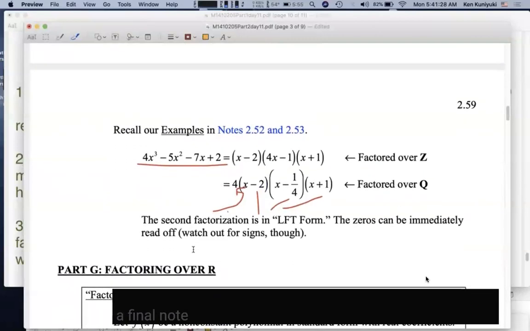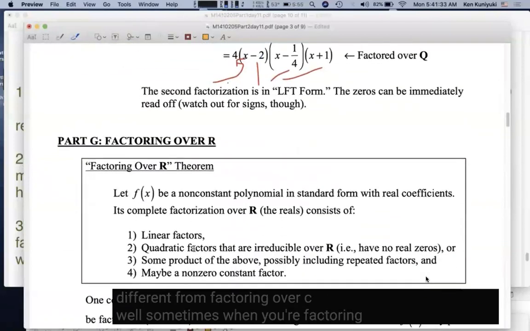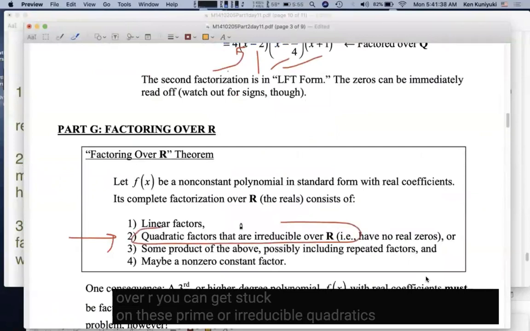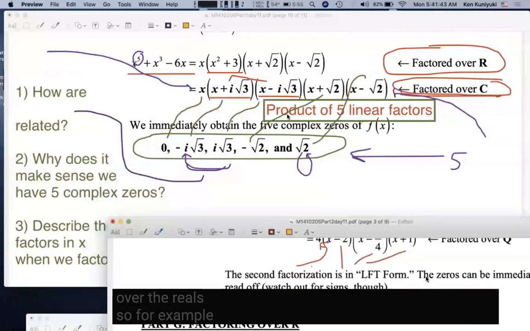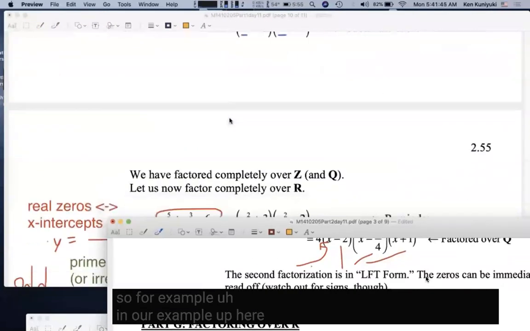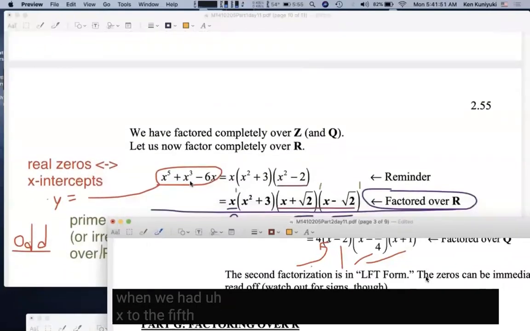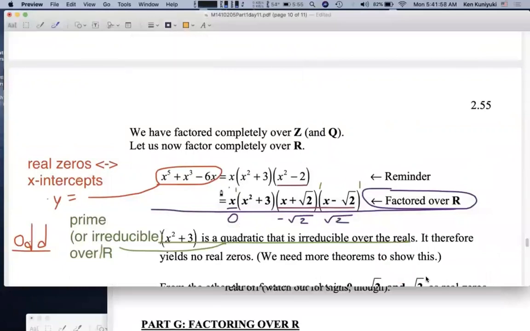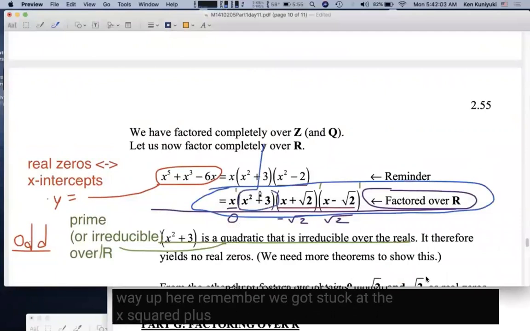A final note, how is factoring over R different from factoring over C? Well, sometimes when you're factoring over R, you can get stuck on these prime or irreducible quadratics over the reals. So, for example, in our example up here, when we had x to the 5th plus x cubed minus 6x, when we factored over R, the reals, way up here, remember, we got stuck at the x squared plus 3.